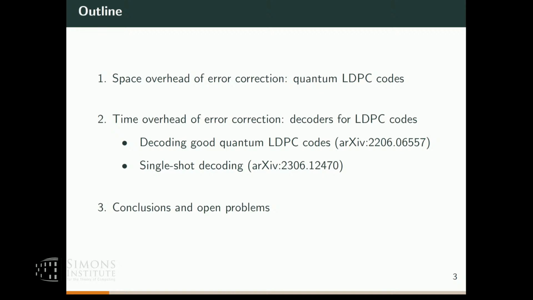And in the main part of the talk, I'll discuss decoders for these LDPC codes. So I'll give one algorithm that we can prove always works for certain families of these good codes. And then I'll also talk about the problem of single-shot decoding, which is how we can deal with measurement noise. And finally, I'll give some concluding remarks.